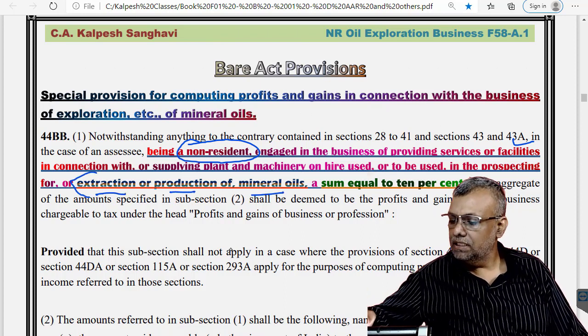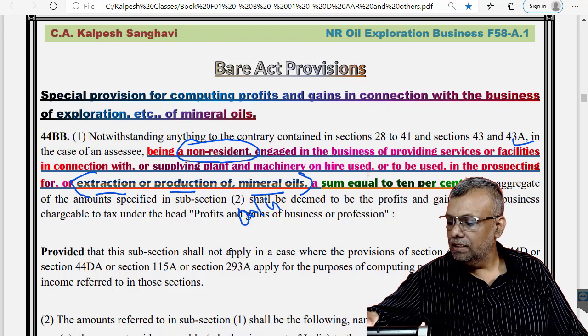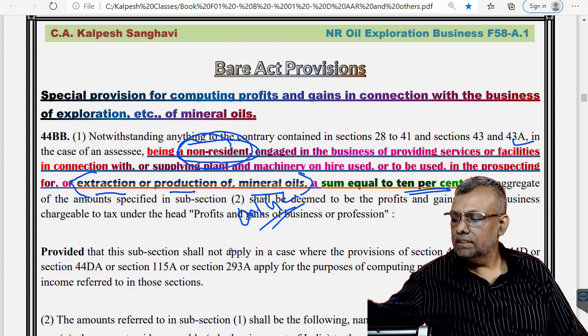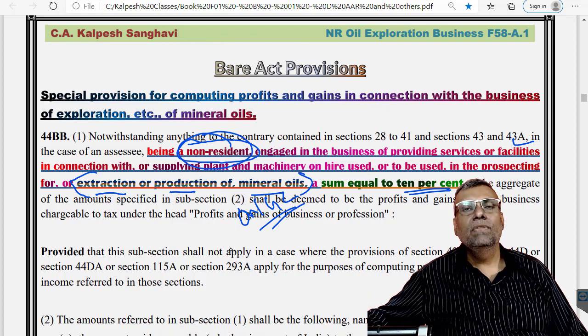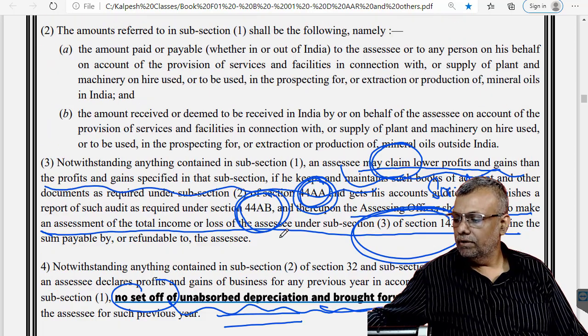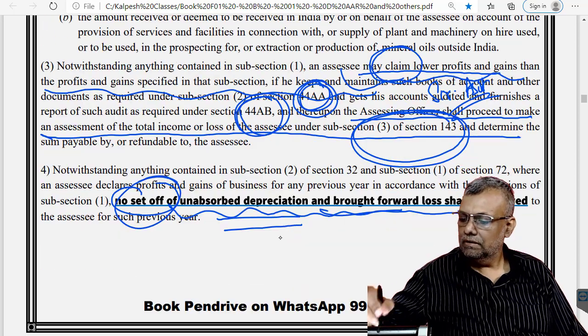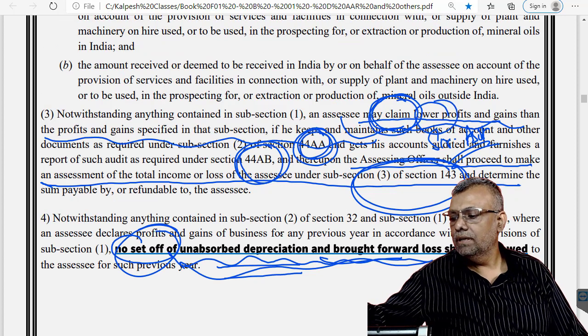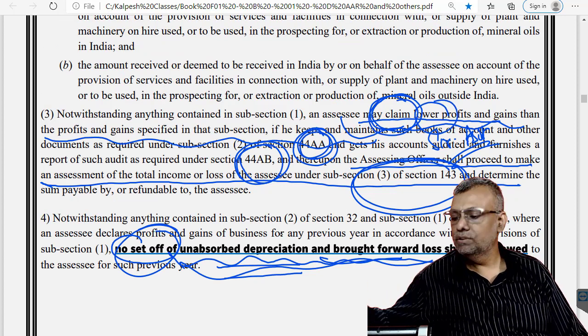ONGC is in this particular industry. In that case, the non-resident's income will be covered by a presumptive rate. You will not get the benefit of any carry forward set off, and you may claim a lower profit provided that the conditions here are satisfied.